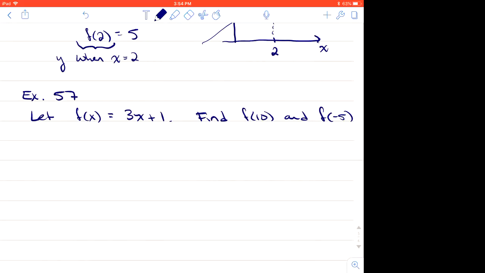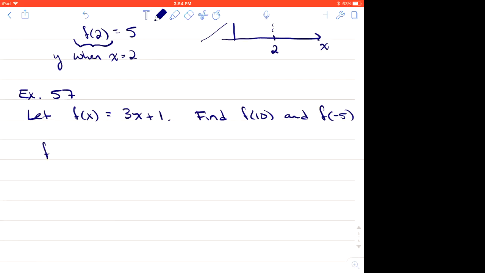So we'll start with f of 10. F of 10 is 3 times 10 plus 1. 30 plus 1, 31.